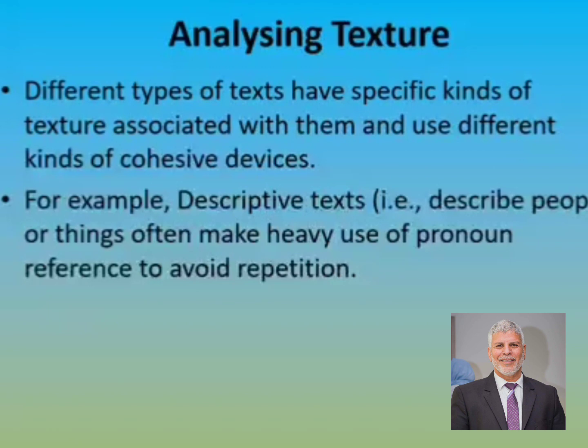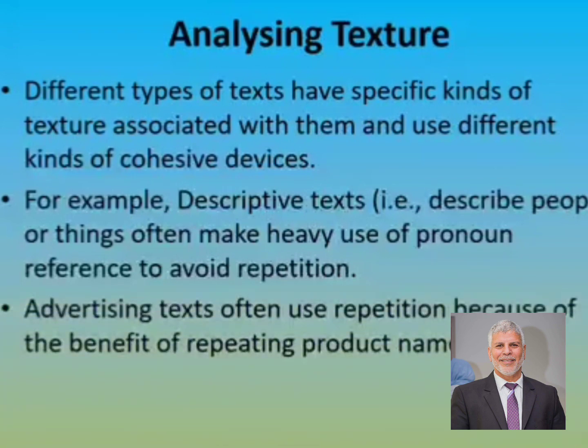If you are describing a person, for example, you mention his or her name at the beginning, but then you will not mention the name again and again. You want to avoid repeating the name, so you use the pronoun instead of the noun. So in descriptive texts, we use lots of pronoun reference in order for us to avoid repetition. So that is a characteristic or a feature of descriptive texts.